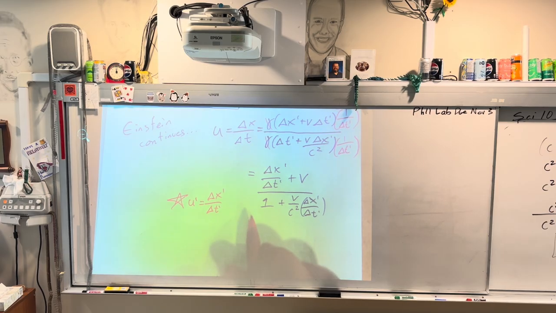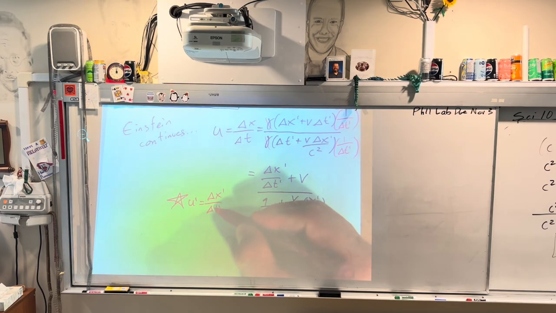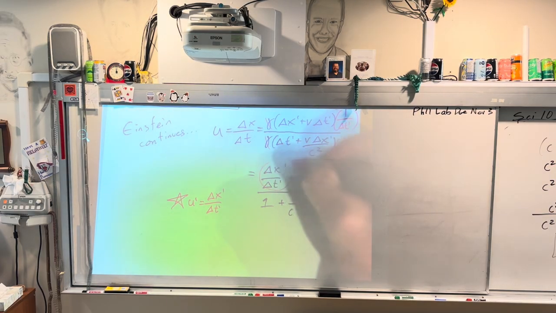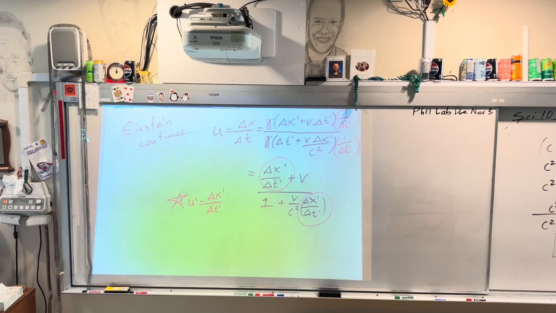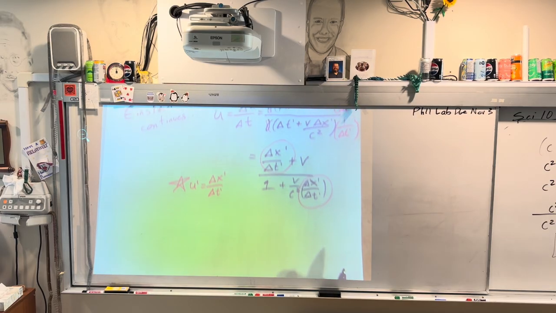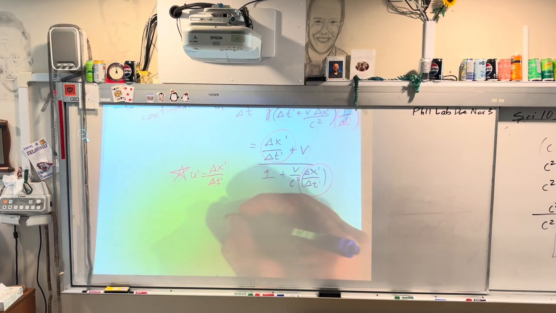Oh, I see. Okay. And that's delta x prime, the distance that reference frame travels over the time in his time. Yeah. And so if we look at this, and we have this here and here, then we can say that's u prime, right? So after all that, we get to our equation for u. This is all equal to u, which is the velocity of the penguin for us. This is what we're trying to find.